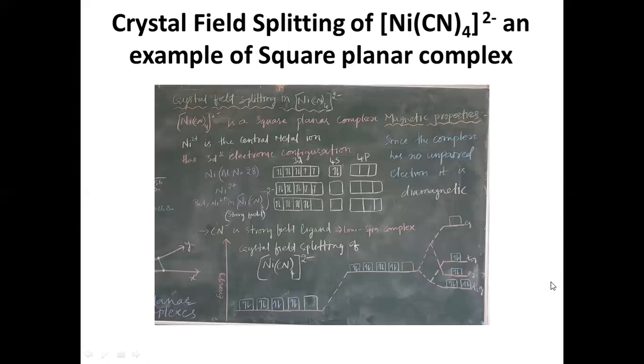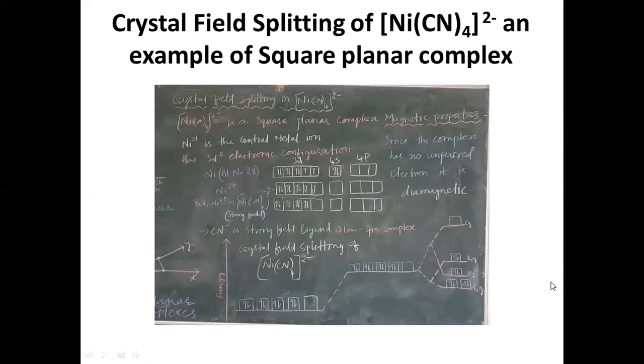So in the present class, we studied how d orbitals split in square planar complexes. We saw the approach of the ligands, the uniform increase in energy of the d orbitals, and how they split into t2g and eg orbitals in an octahedral complex.